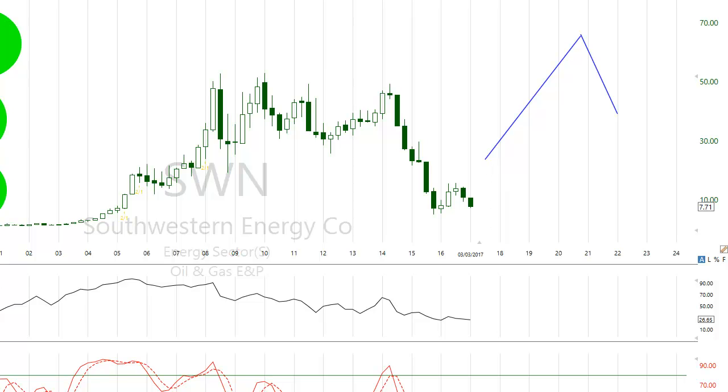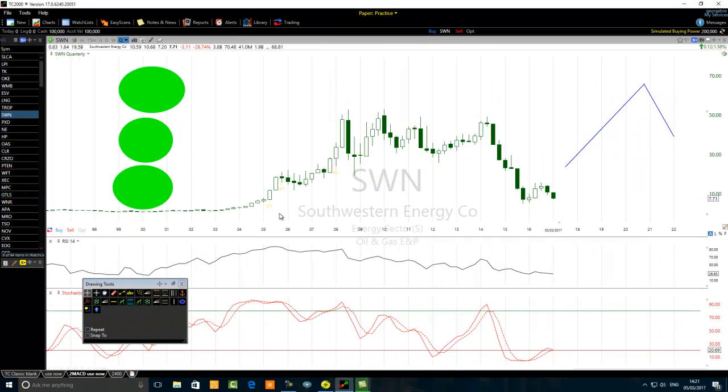If you look at this chart, we are looking at Southwestern Energy Corporation, ticker SWN, and I'm on the monthly chart, not quarterly. And you can see that there was this bullish trend here. The bullish trend is highlighting the rising channel, and the rising channel is a market pattern.